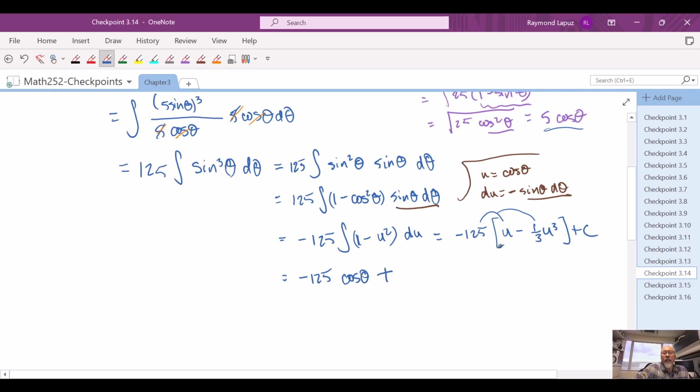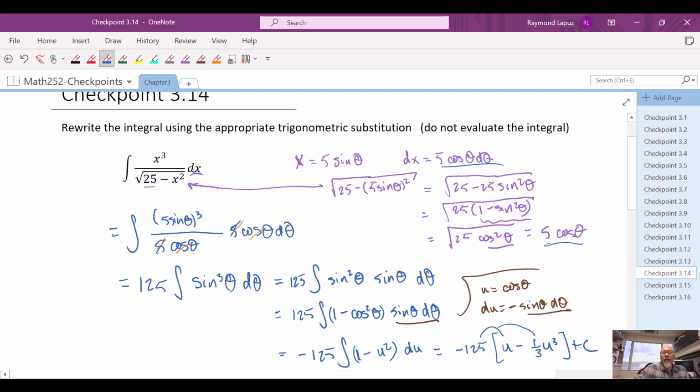And then this negative and a negative will become positive. And 125 does not go into 3, so we'll have to keep it as 125 divided by 3, and then cosine cubed theta. All right, we'll put the plus c here.